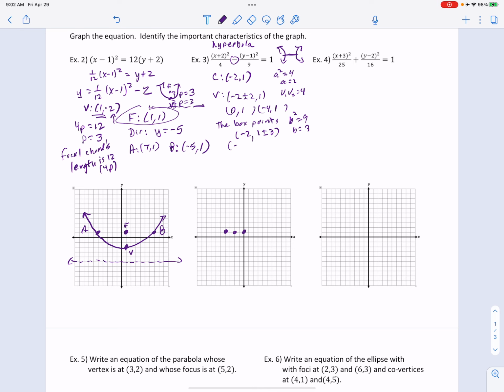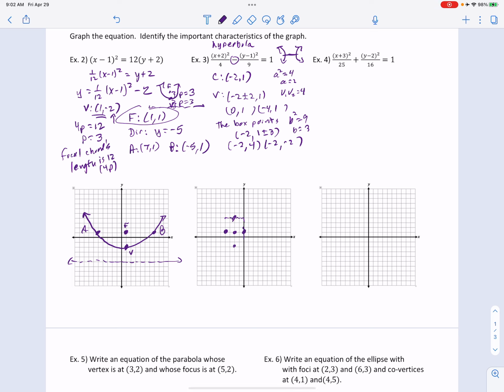So the other points on the box are -2, 4, and -2, -2. So from the center, you're going to go up 3 units and down 3 units. And those are the other points on the box.